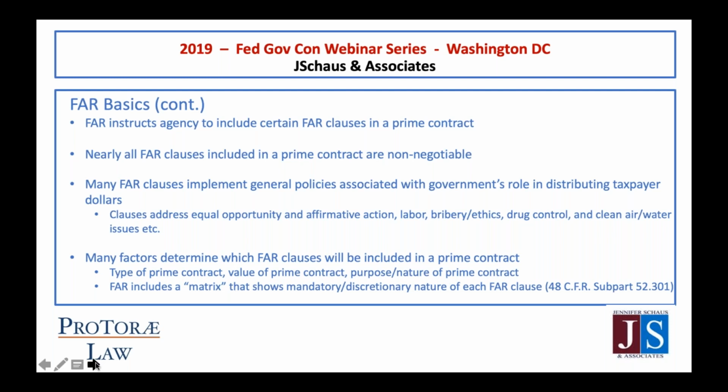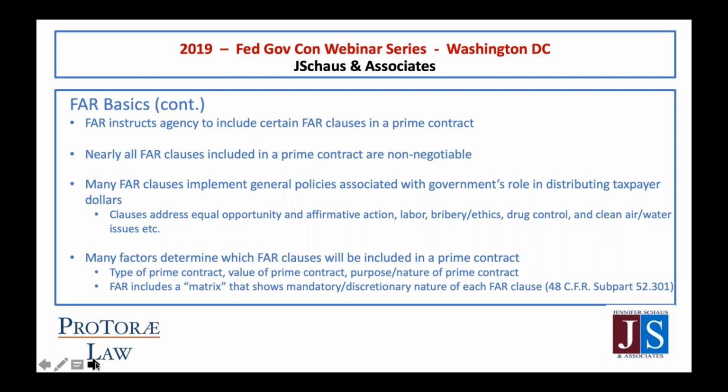Another way to do that is that you will have a clause, like an IP clause, but you want to clarify how that would apply to a prime. So there is another clause that allows a prime to identify the types of IP it intends to provide the government and what rights it claims it will give the government and is entitled to give the government and is entitled to keep for itself.